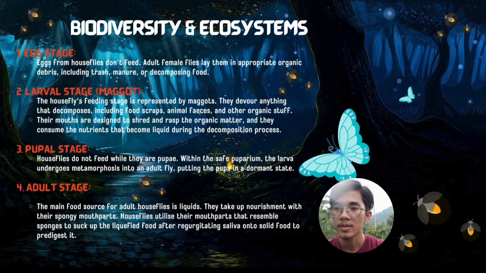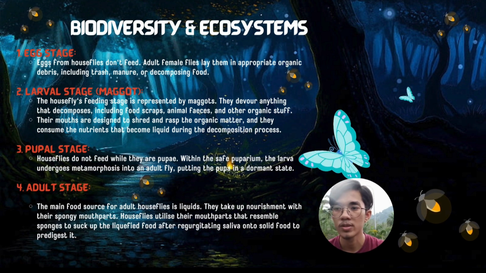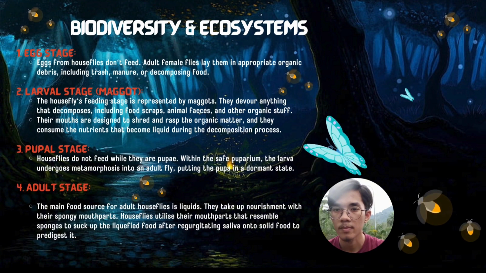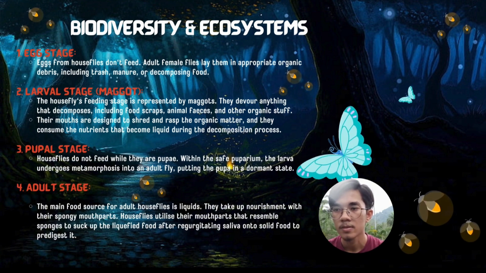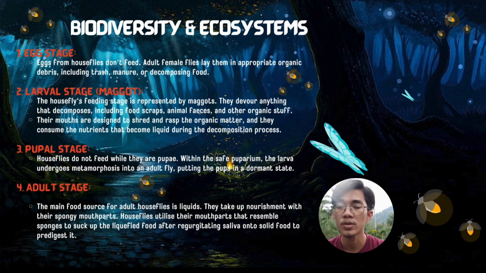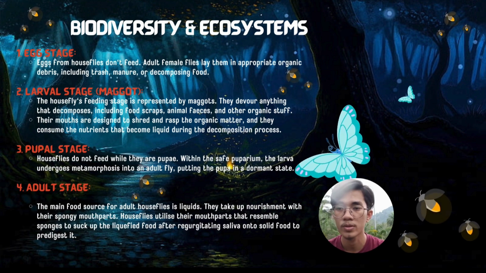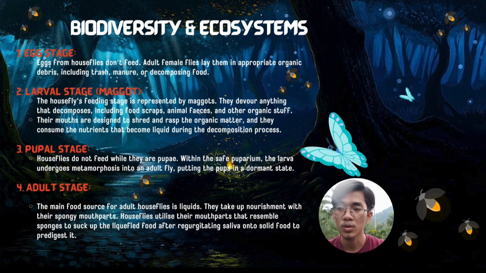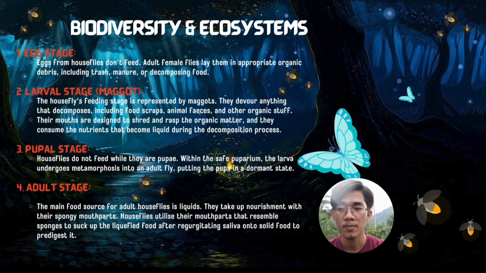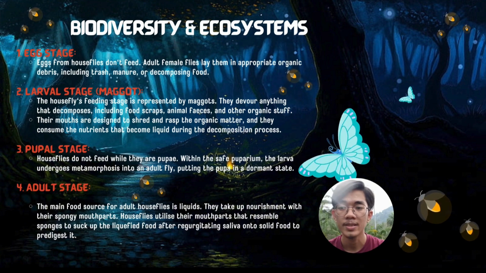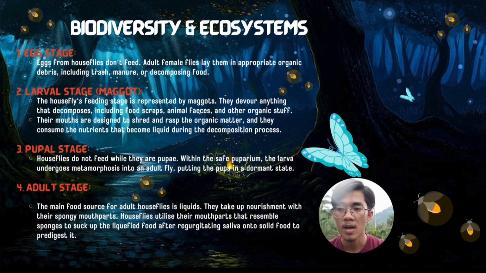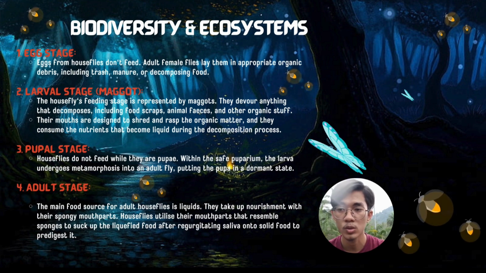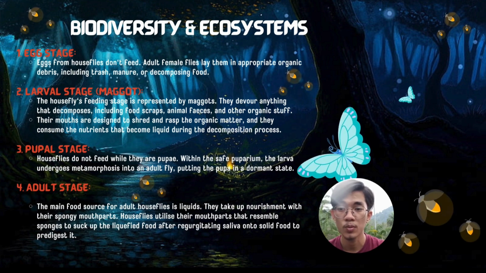Their mouths are designed to shred and break down the organic matter, and they consume the nutrients as it becomes liquid during the decomposition process. Number three, pupa stage. Houseflies do not feed while they are pupae. Within the safe puparium, the larva undergoes metamorphosis into an adult fly, putting the pupa in a dormant stage.